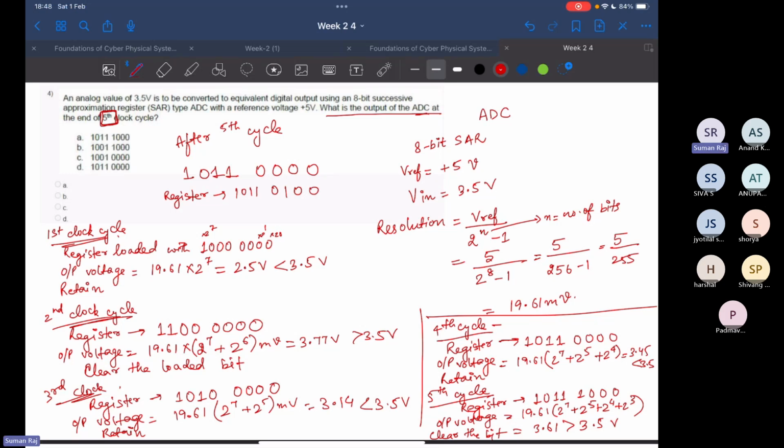But after that, the value is still this, right? Actually, after every retain and after every clear, I did not write what is the output of the ADC. I just said that that is there. So the next time when you load into the register, definitely you have to add the last bit. So this is going to be your correct answer, 1011. I think the last is correct. So option D.